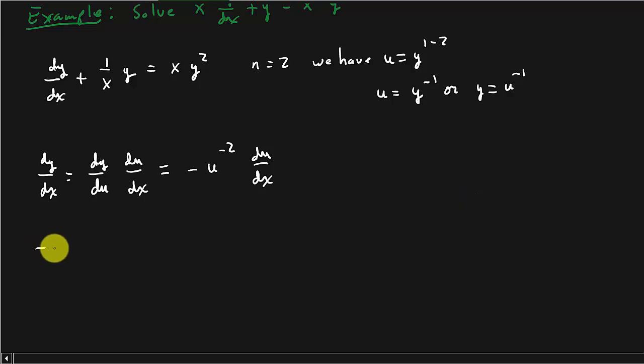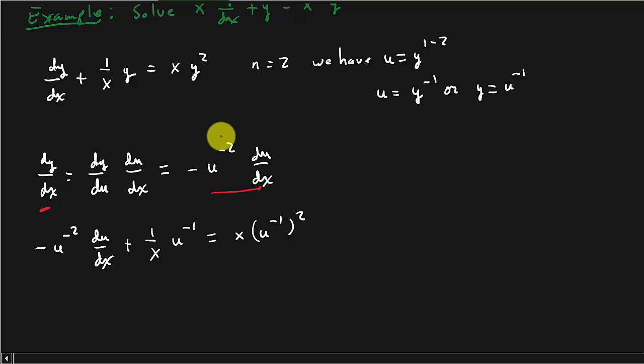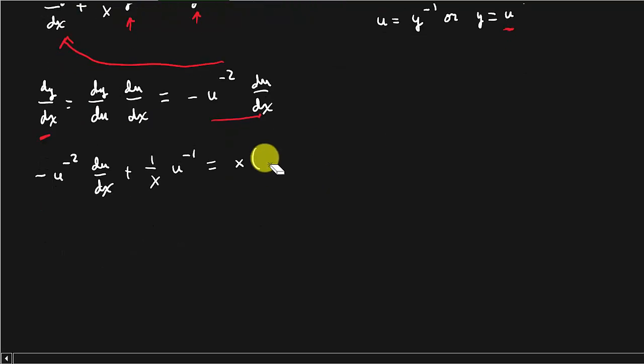This is going to give me negative u to the negative 2 du/dx plus 1 over x times u to the negative 1 equals x times u to the negative 1 squared. All I did is take dy/dx, which is this thing, and plug that in there. And then I plugged u to the negative 1 in for the y terms. And of course we know this will just be u to the negative 2. Okay.